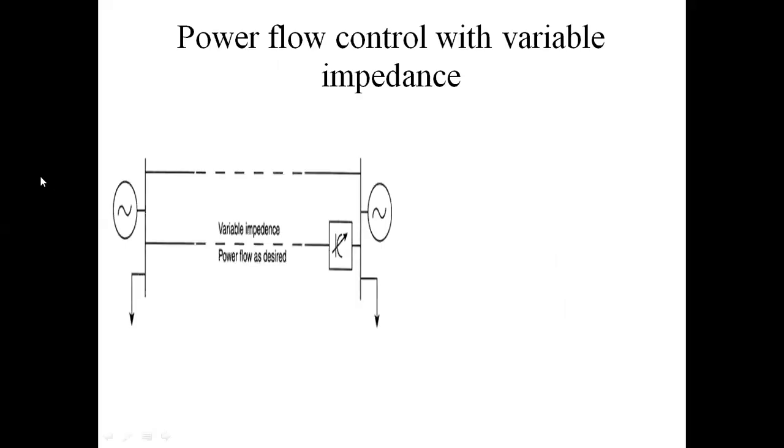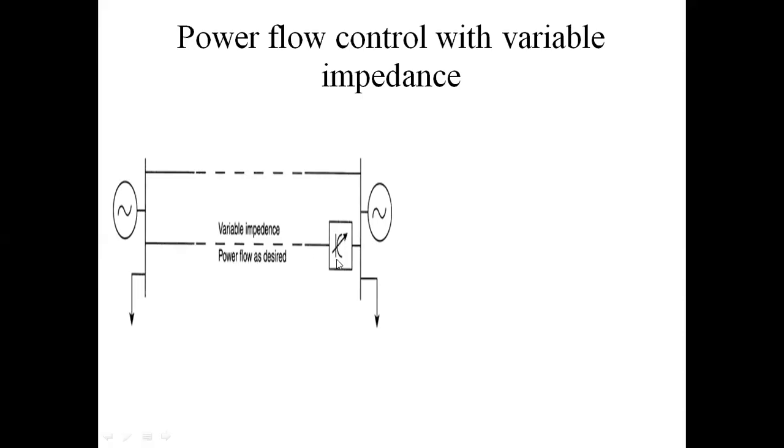This is power flow control with variable impedance. In this second transmission line, we add a capacitance in series with the transmission line. When adding capacitance, the impedance value decreases because Z = R + j(XL - XC).